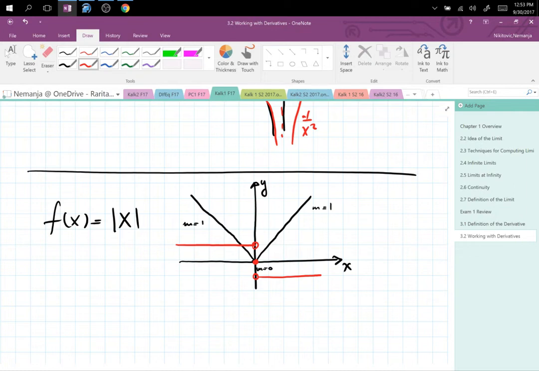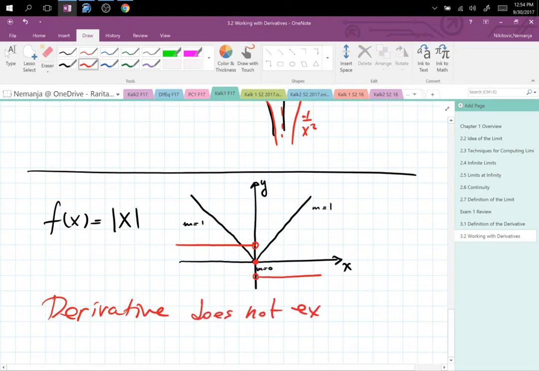Remember what the slope of the tangent line requires. It requires the limit as h goes to 0 from both sides to give you a value. Well, wouldn't you agree that as x goes to 0 from the left you get -1 and from the right you get +1? And by the theorem in chapter 2 we know that that does not exist. So in this case here, the derivative does not exist at x equals 0.